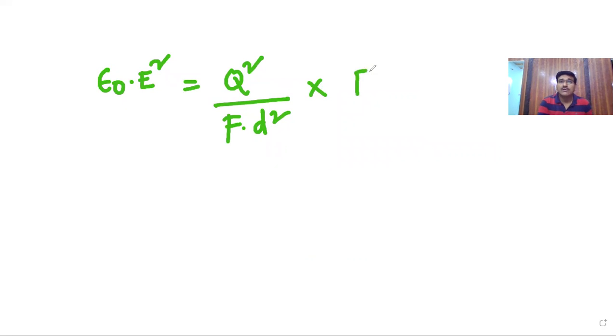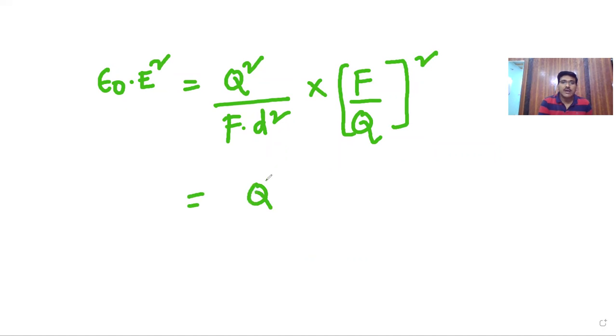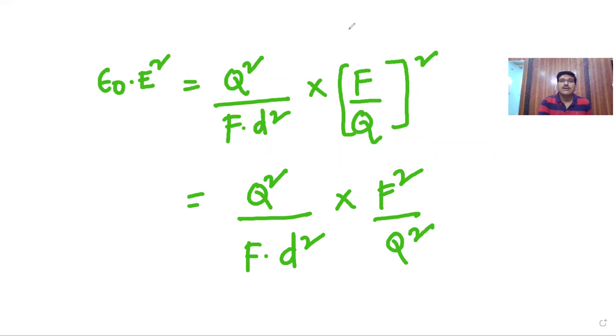It is electrical force per charge, F by Q. Since it is E square, the entire thing is Q square by F into d square into F square by Q square. On simplification, Q square goes, in the denominator F, one of the F goes, and the remaining term is F by d square. Clear? F by d square. So finally, it becomes F by d square.